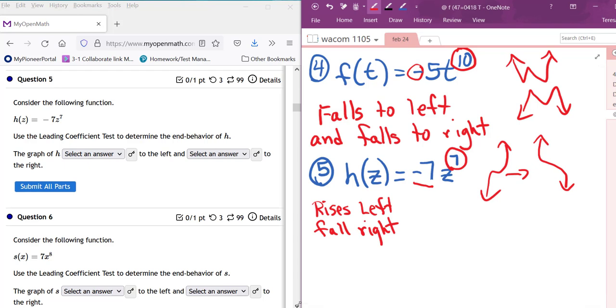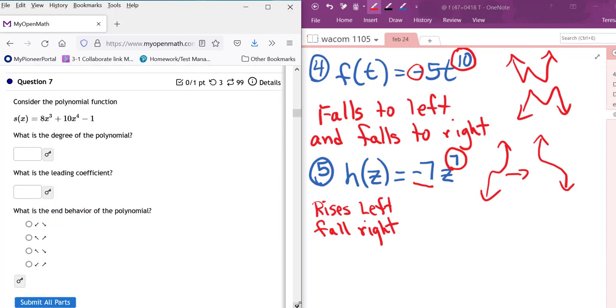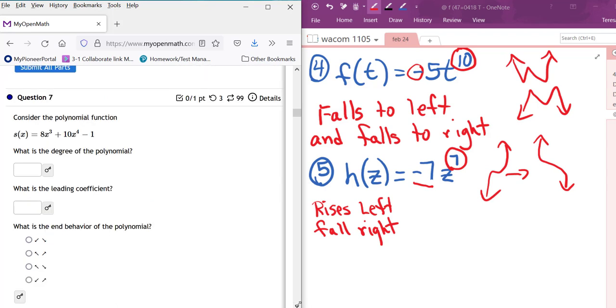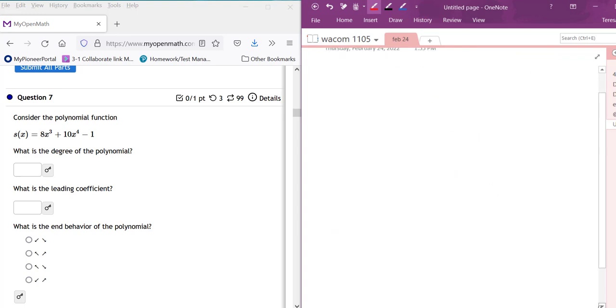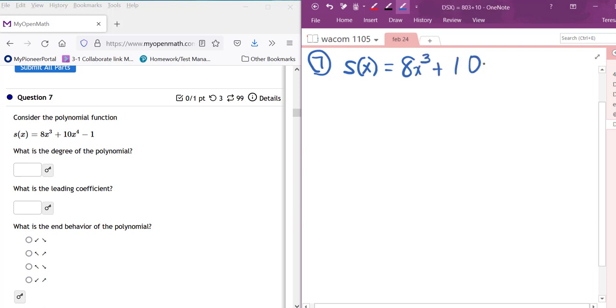Then I skipped to 7. And we have s of x equals 8x cubed plus 10x to the 4th minus 1.